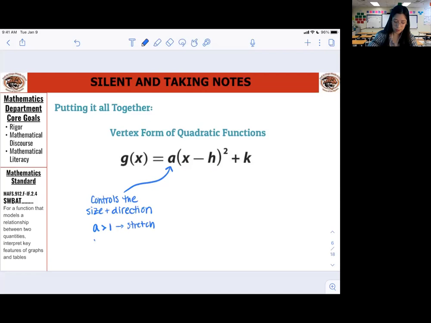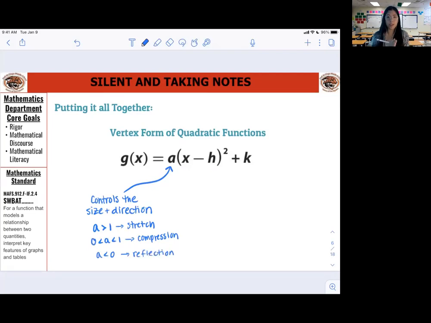If A is between 0 and 1, if it's a fraction, it's a compression. And when you're talking about direction, you mean like up or down? I mean like facing upward and facing downward, yeah. So if A is negative, we know that there's a reflection.